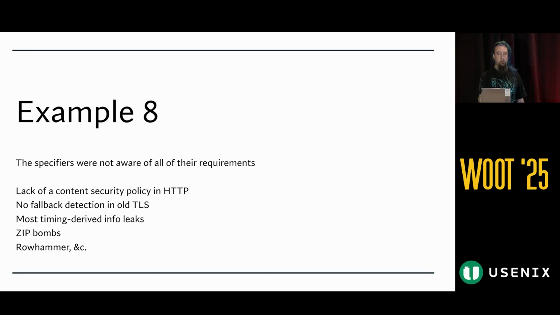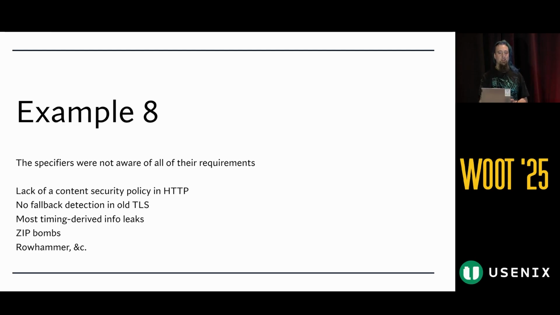Most timing-derived info leaks existed long before we really understood that people would time network requests to determine some aspect of the underlying computation being done, or whether there were results to filter through, whether you said there were or not. Similarly, zip bombs, just nobody thought that it was necessary to prevent this. It's not within the specification that you can't make zip bombs.